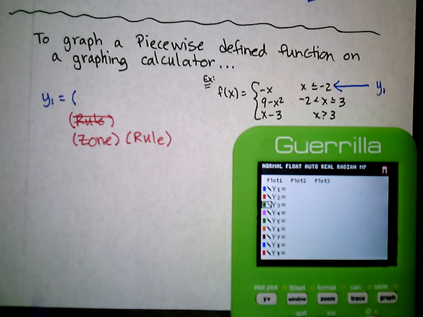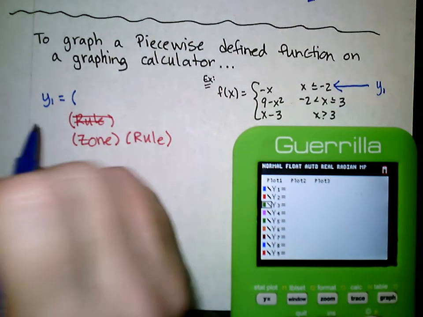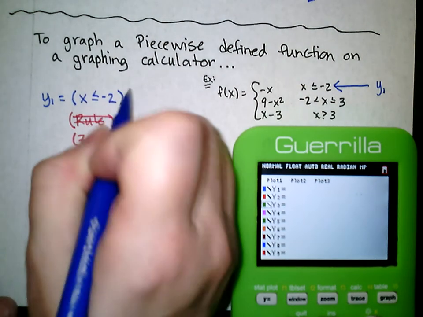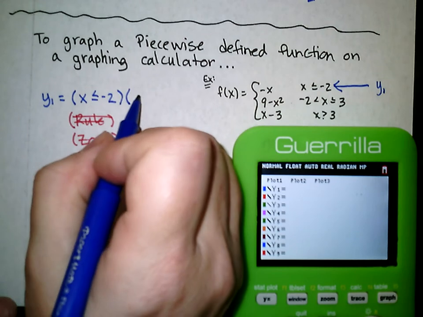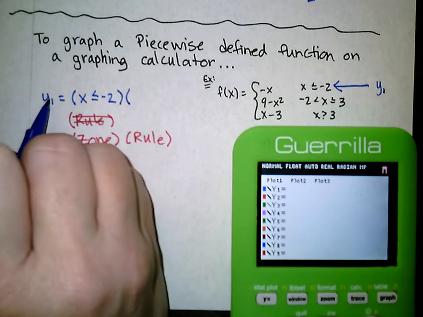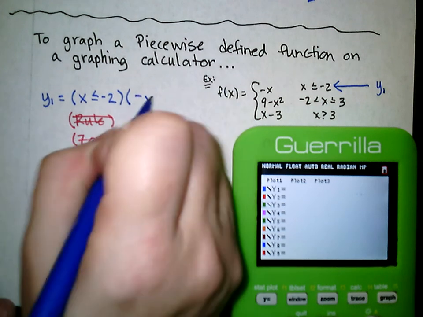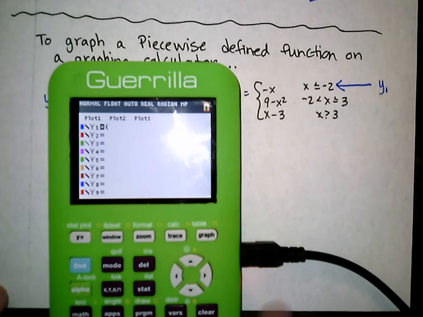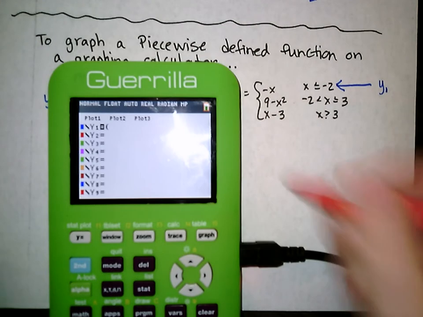So I'm going to put the zone, which was x is less than or equal to negative 2. And then in my next parenthesis, I'm going to put, I don't type y equals, I just type negative x. Okay, so let's see what that looks like. So in y1, I'm going to put a parenthesis. The parentheses are above the 8 and 9. Okay, so let's write where things are located over here.